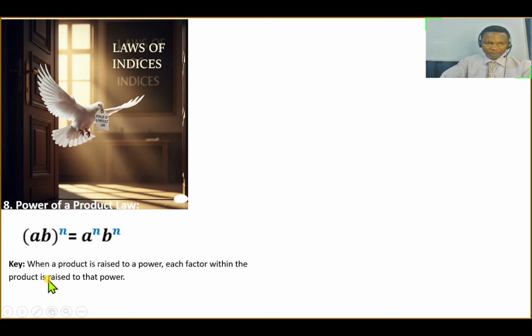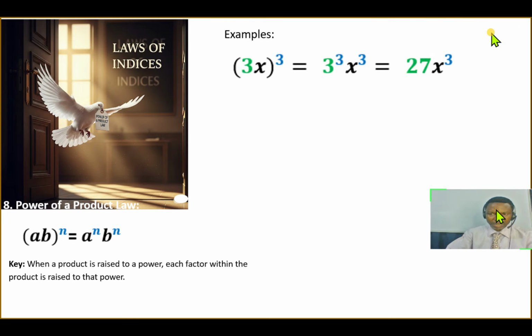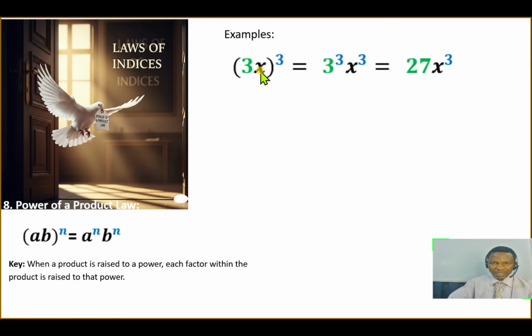So when a product is raised to a power, each factor within the product is raised to that power. Example, so let's look at this. (3s) all raised to power 3 is 3 raised to power 3 multiplied by s raised to power 3. So 3 raised to power 3 is 3 times 3 times 3, 27, multiplied by s raised to power 3.